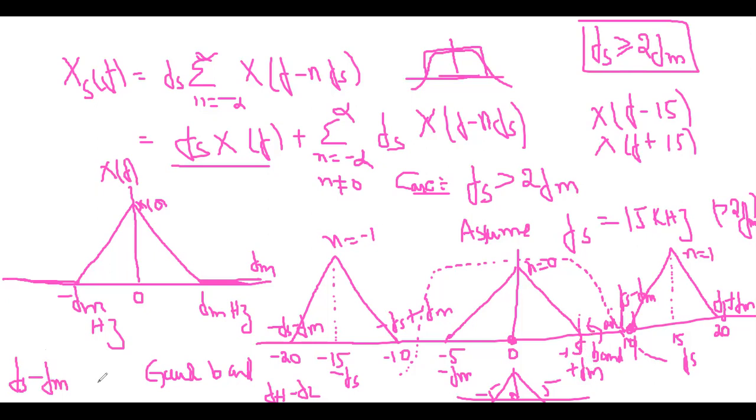It is plus FM, minus FM to plus FM. So that is the equation: the band is FS minus 2 FM.